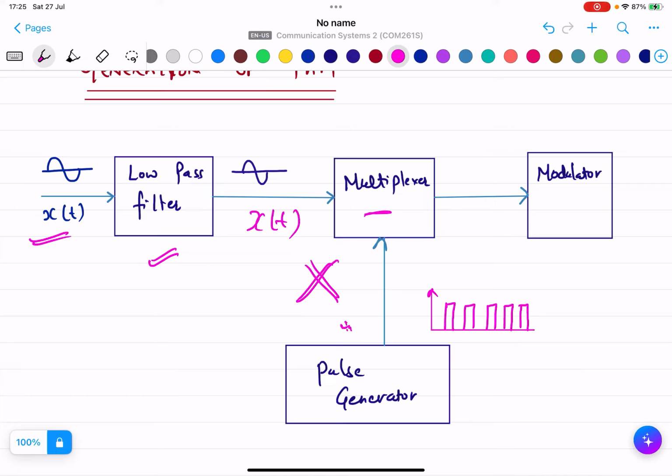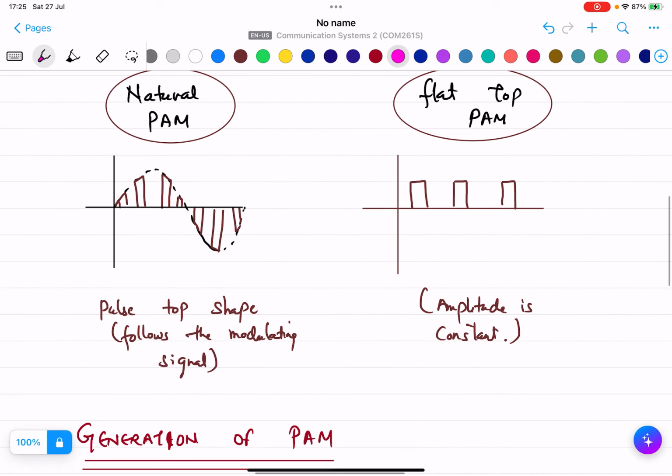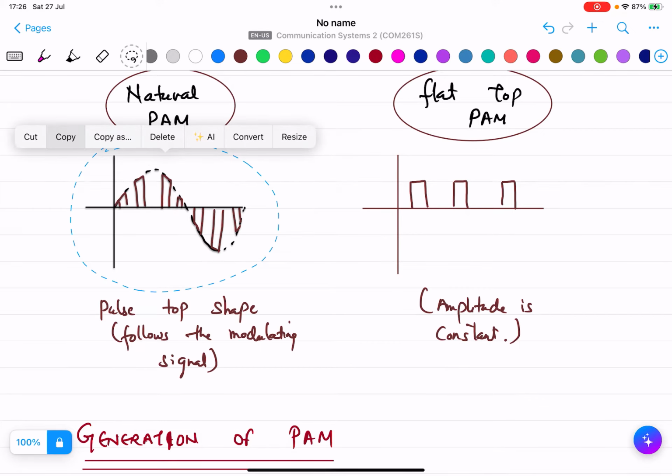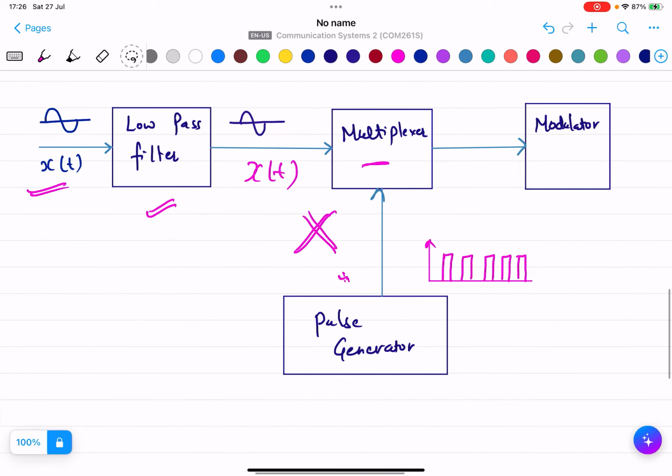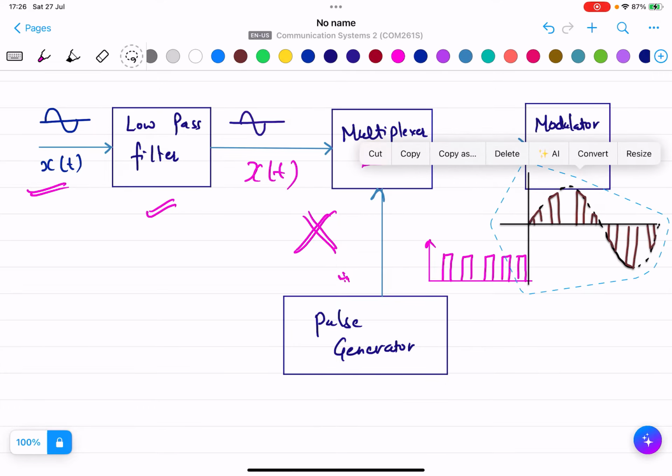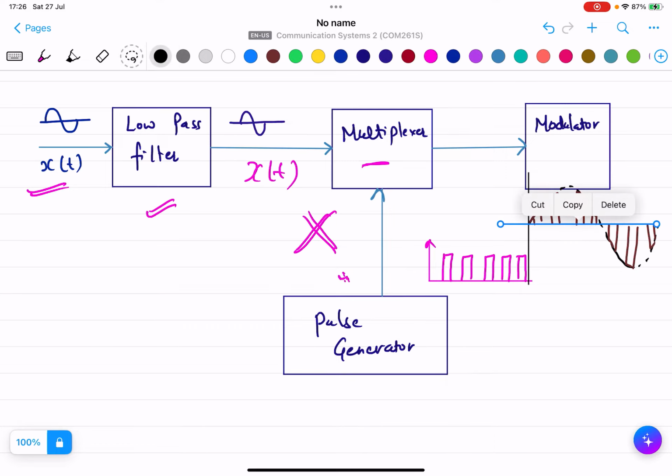Then it passes through the modulator, and we receive a modulated waveform, because it is PAM. You know what PAM means. This will be your PAM.